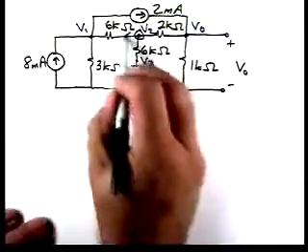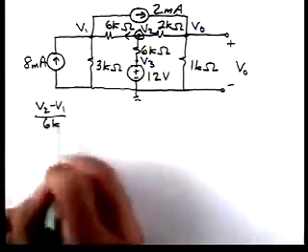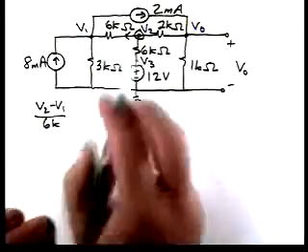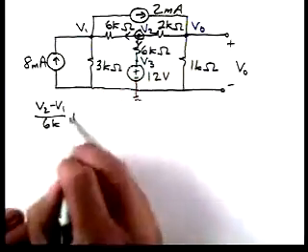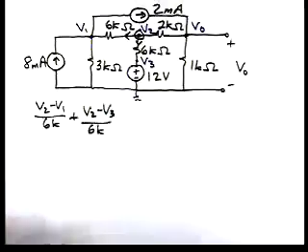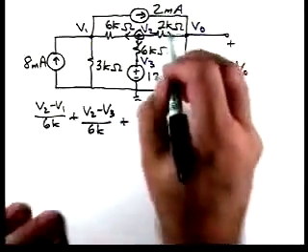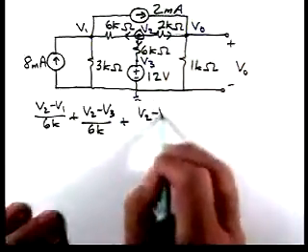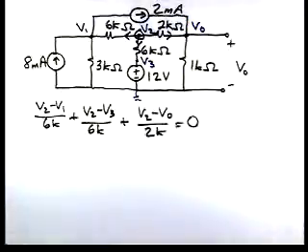If we start, we'll have V2 minus V1 over 6K. This is the current leaving in that direction. Current leaving in that direction is V2 minus V3 over 6K. Then the current leaving this way will be V2 minus V0 over 2K equal to 0.